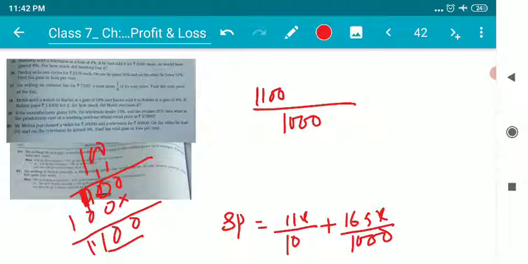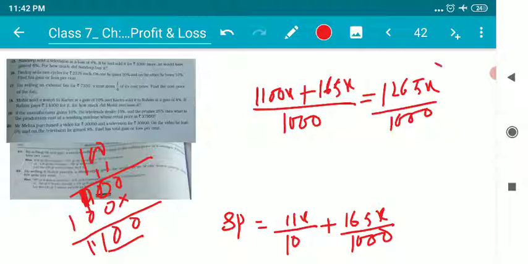So 1000 divided by 10 is 100. 100 into 11x is 1100x plus 165x over 1000. Let us add them. It will be 1265x by 1000.